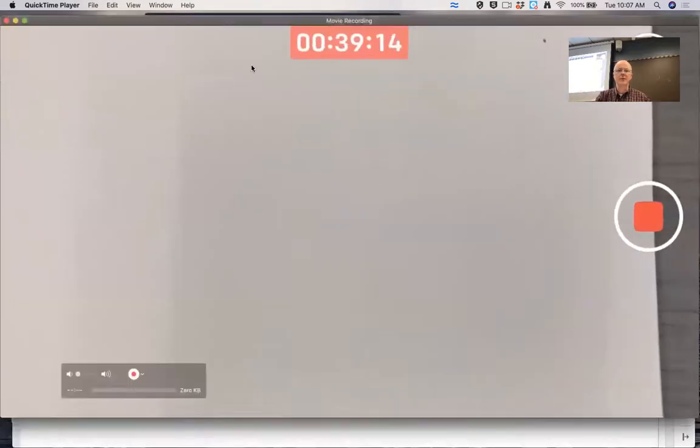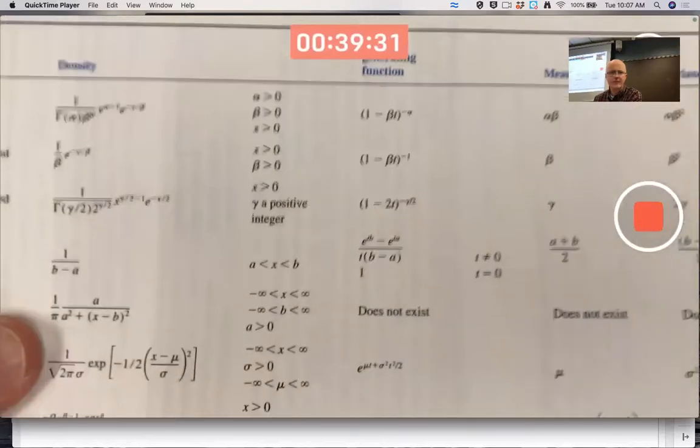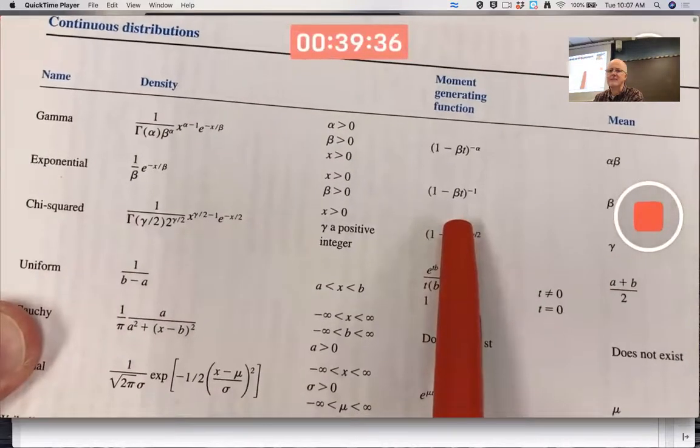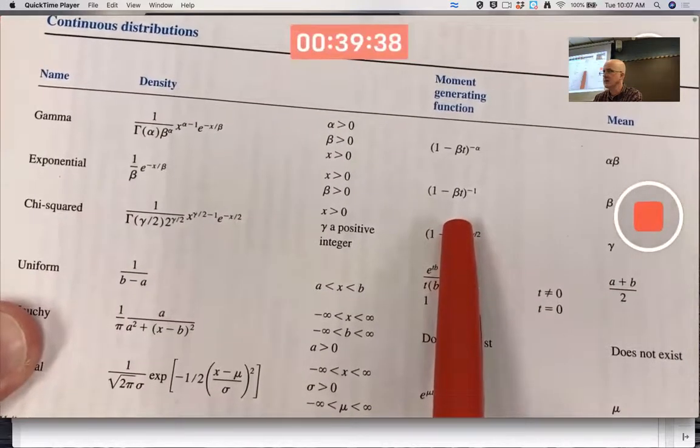And then use the fingerprint theorem. So what you should have done, and I think most of you got this right, was to look up the exponential MGF: 1 minus beta times t to the negative 1 power.